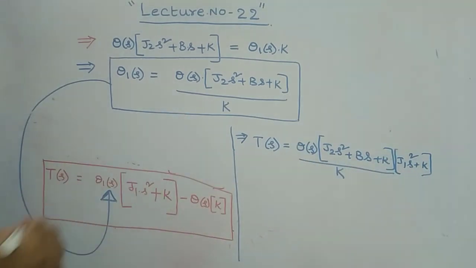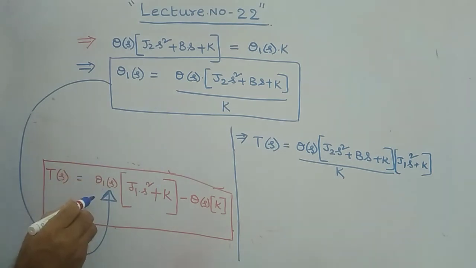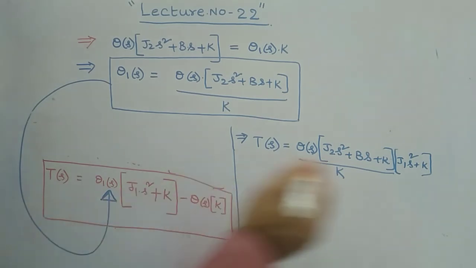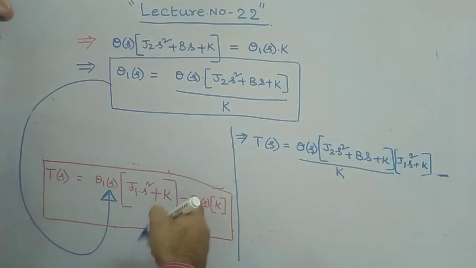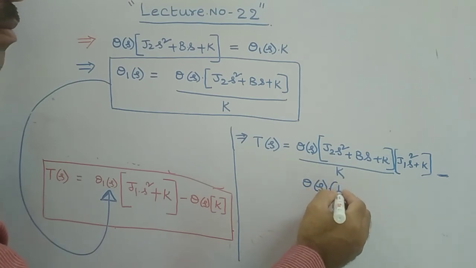So theta 1 of s, I am substituting this entire quantity here itself. Therefore, J1 s square plus k, this one minus, the second term, that is theta of s into k.